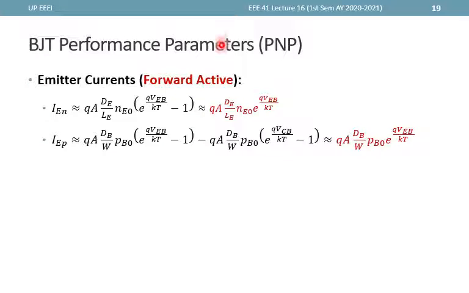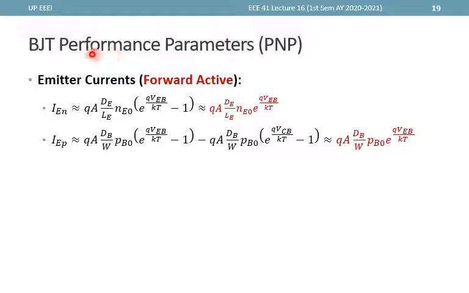Now going back to PNP, we'll now use the simplified current equations to determine the BJT performance parameters, although we're actually defining these performance parameters or using them when the device is under forward active.